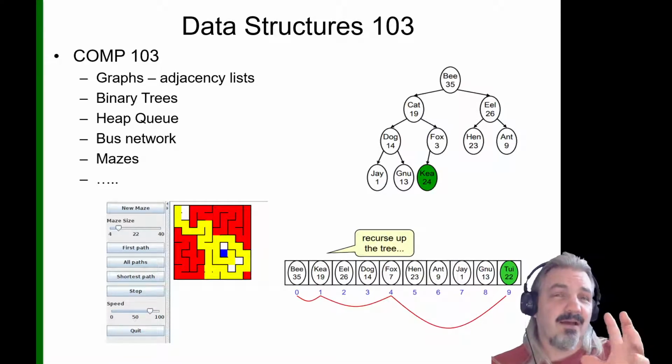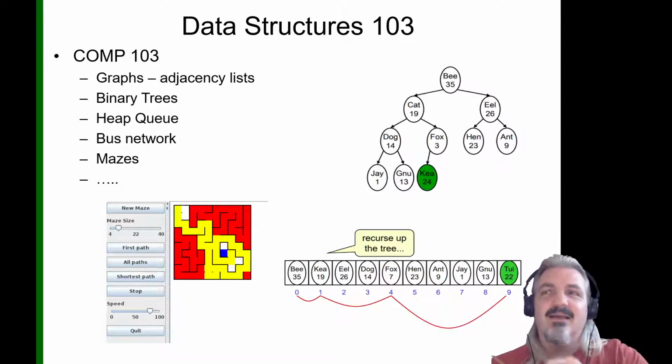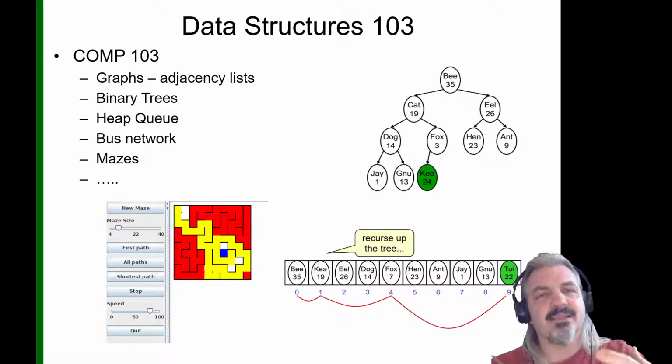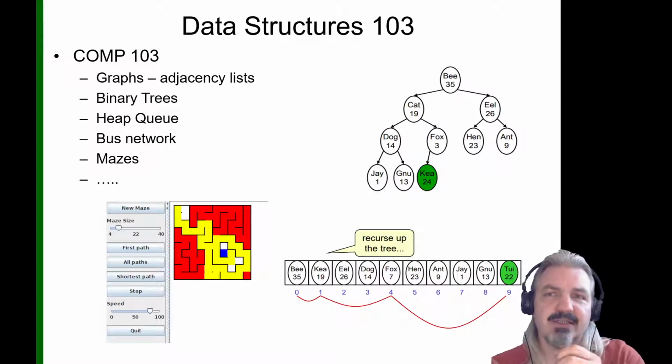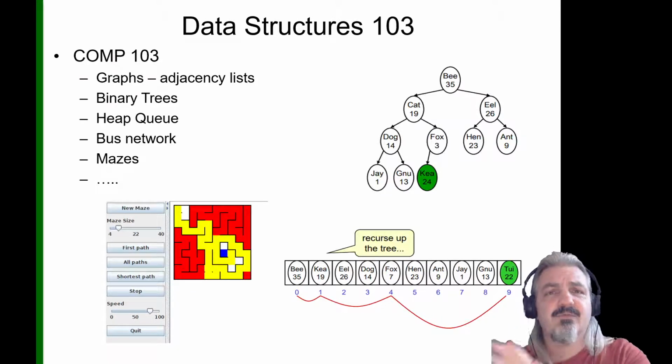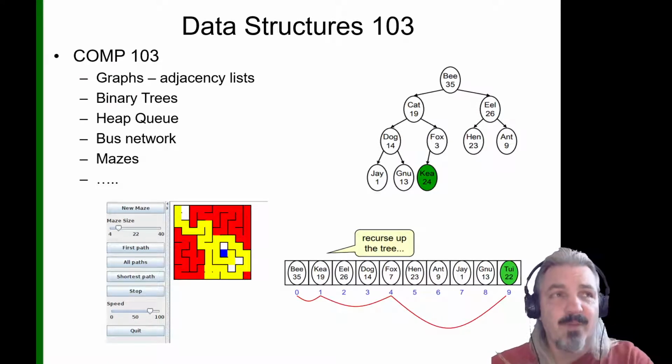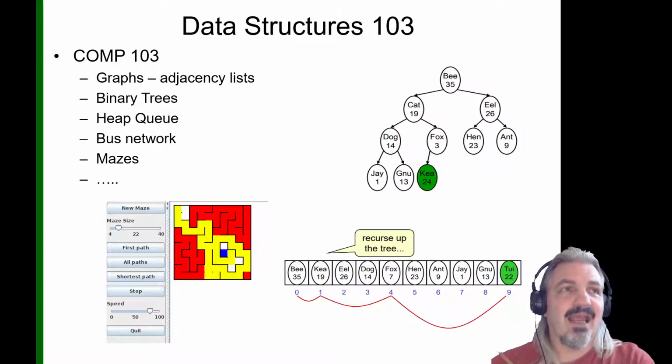You also did a lower South Island or lower North Island bus routes assignment, and you looked at mazes and how you represent a maze using arrays and using structures. So these are the things you'd done in 103. I'm hoping that is actually what you did in 103, and you still remember some of that.